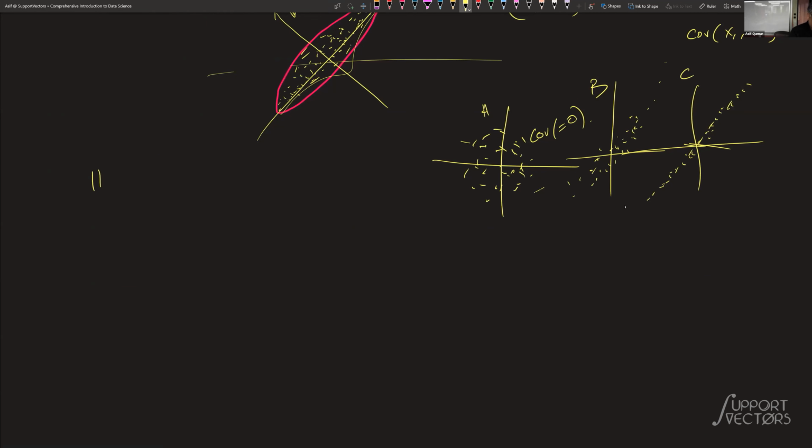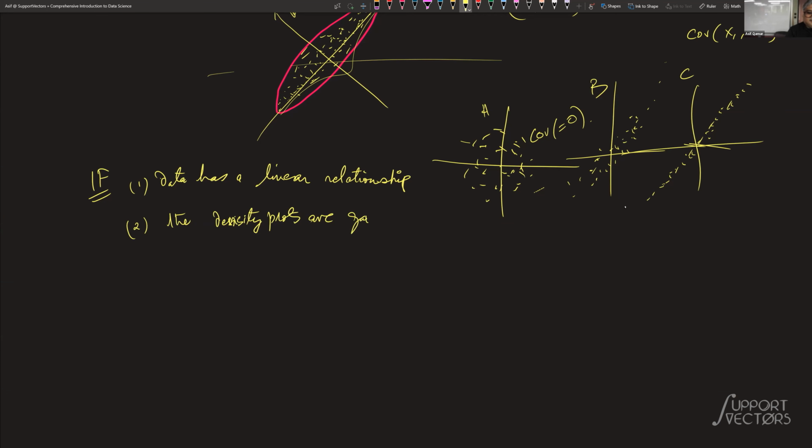If data has a linear relationship, right? And the density plots are Gaussian, especially along the error.